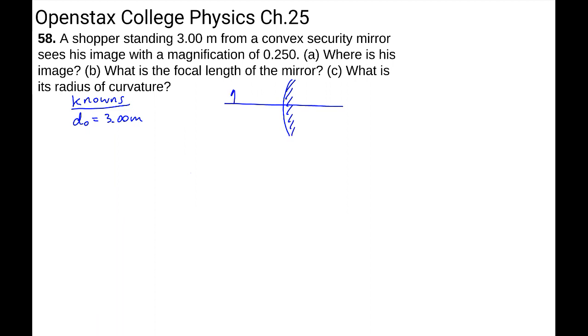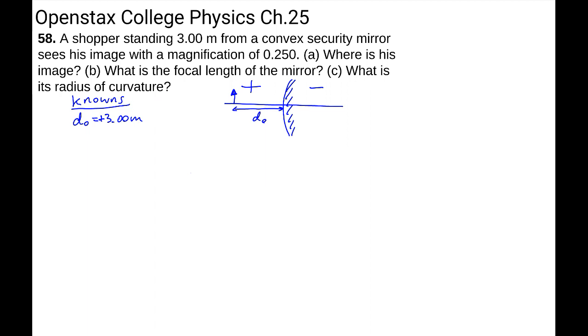The shopper is going to be somewhere here. That is the object distance of the shopper. Remember also that in mirrors, all of the distances in front of the mirror are positive, all of the distances behind the mirror are negative. So the object distance then of the shopper is plus 3 meters.